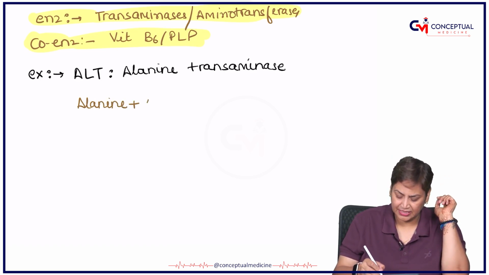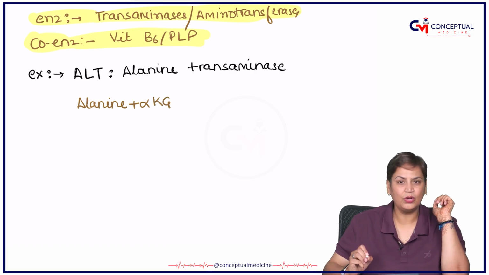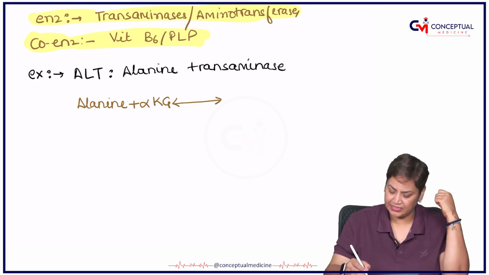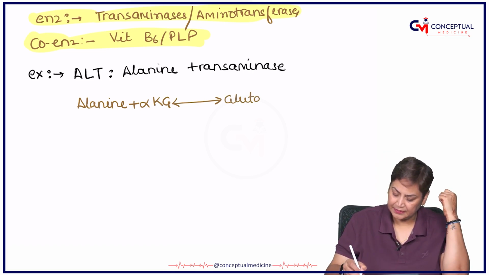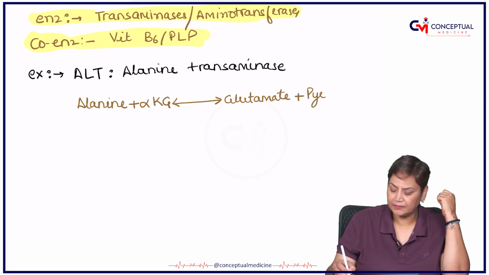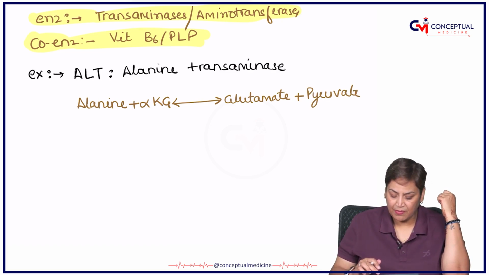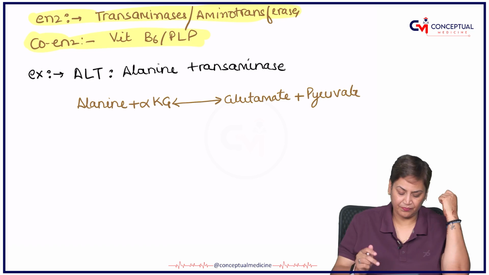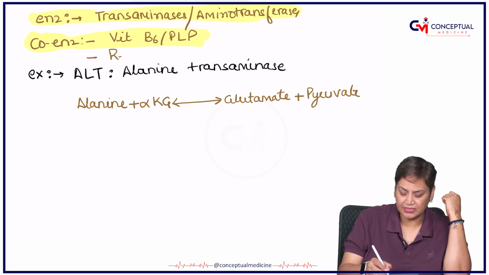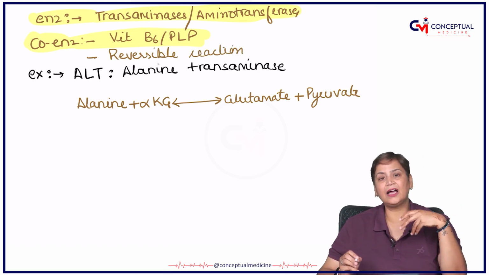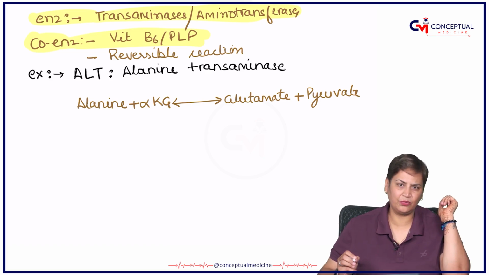That is what the definition says. The keto acid here is alpha-ketoglutarate. It is going to form a new amino acid which is glutamate, and a new keto acid which is pyruvate. Okay, and always remember it is a reversible reaction. Right. So alanine's corresponding keto acid is pyruvate.